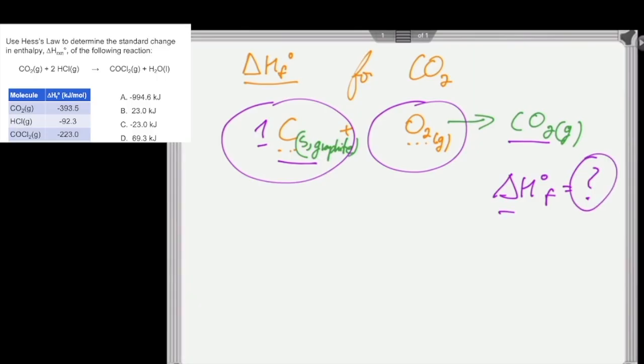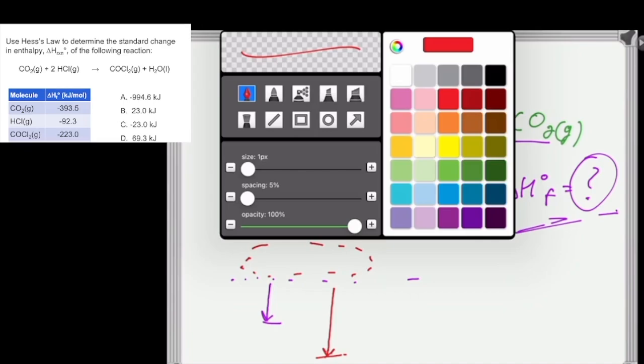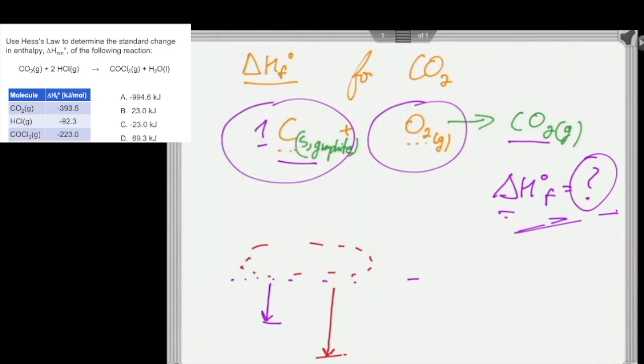This is something we find in a table somewhere. But again, diagrammatically, what we're saying is it's taking elements in their standard state, and usually we're forming molecules off of it. So if we have the same elements to make a different molecule, the same building blocks of all matter, having these elements in their standard state allows us to have these values.